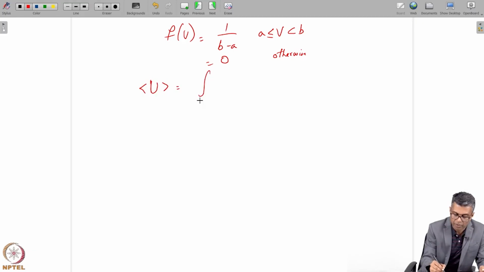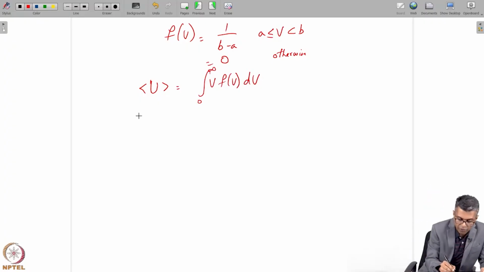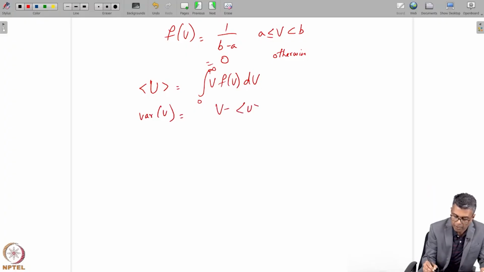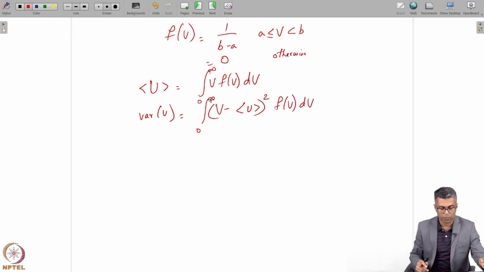It would be integral 0 to infinity v f of v dv. This is how you calculate your mean. And your variance of u is integral 0 to infinity of (v minus the mean of u) squared f of v dv. These are your definitions.